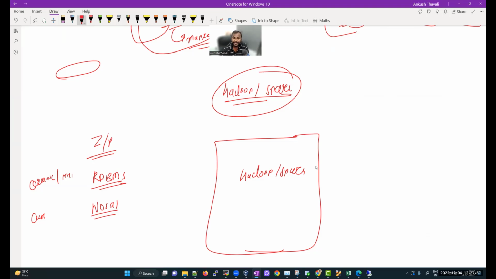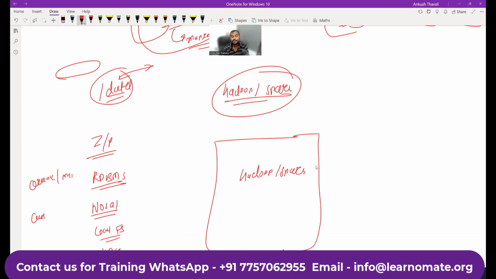It can take data from your local file system also. Local file system is like, let's say I have data available in my C drive, D drive. Let's say in a Linux operating system, we create one mount point called /data, and I have my data available here. So it can pick up data from the local file system.